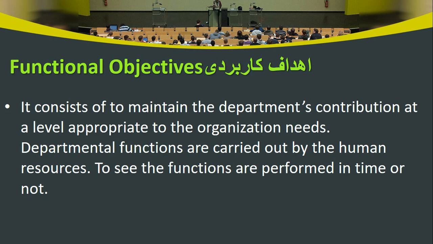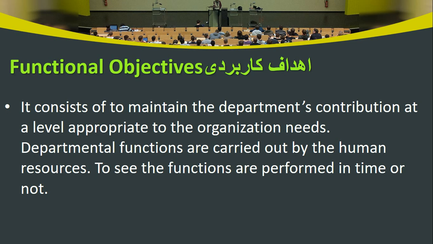So the functional objective of HRM is to maintain the contribution of departments at an appropriate level. Resources should not be wasted, as they can be when HRM is either more or less sophisticated than the organization's demand requires.